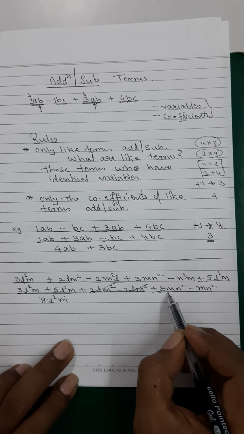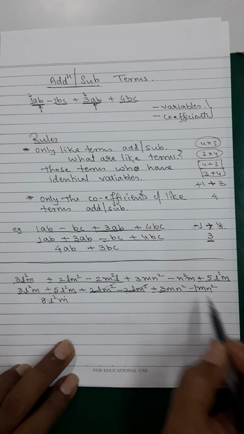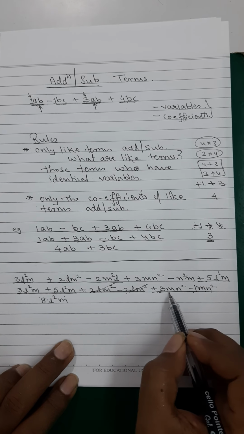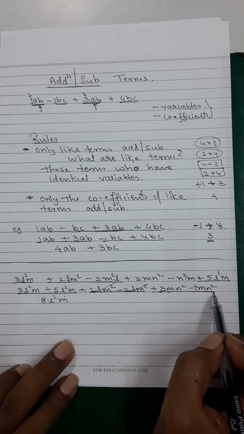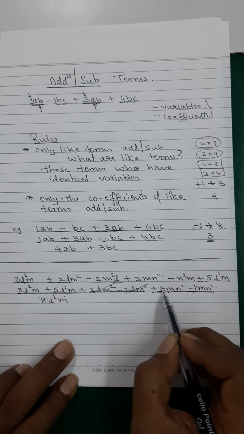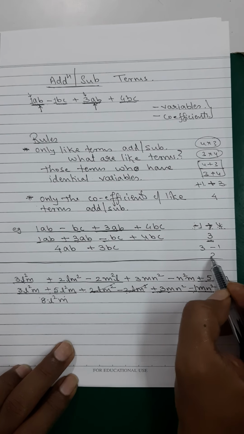So here we come out with 3mn square minus mn square, which is basically 1mn square. So 3 minus 1. See, again these variables will not take part, they will be copied down. Who will take part? Plus 3 minus 1. 3 minus 1 is 2, sign of the greater number, plus.